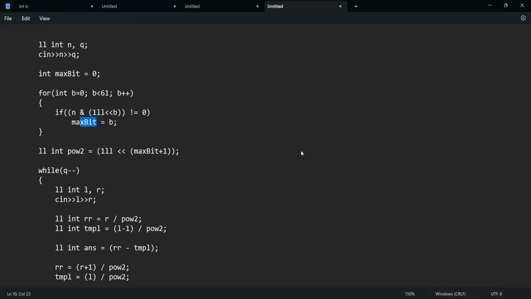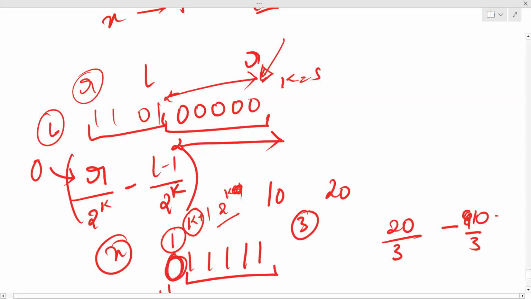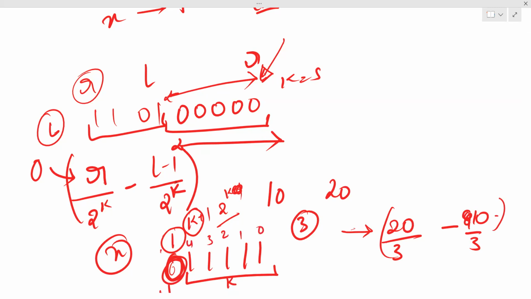See, if I have to check that these 5 bits should be open, I have to divide by 2 to the power of this bit, right? This is what we were doing here also. If this is k, these are 0, 1, 2, 3, 4, this is 5. So 2 to the power 5.